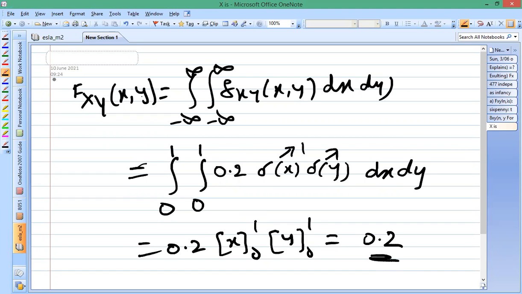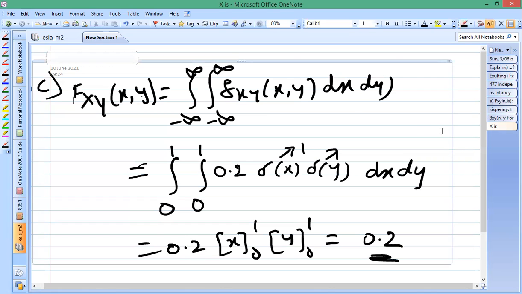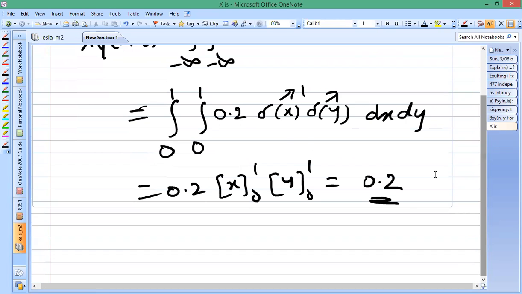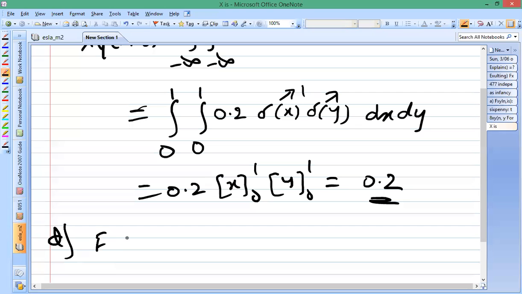For the third part, where we are asked to calculate the CDF F_XY of x comma y, this is the calculation. First you need to know what PDF equation has to be substituted under the integral. In the fourth part, we are asked to calculate F_X of x comma infinity, which is nothing but F_X of x.